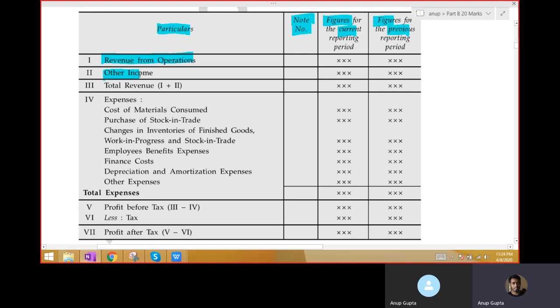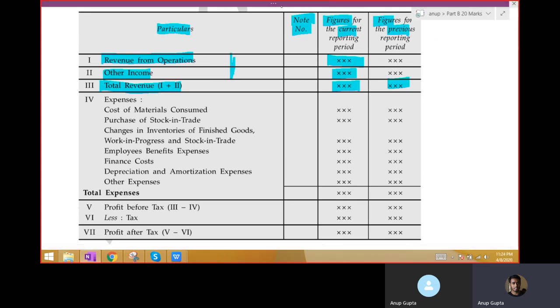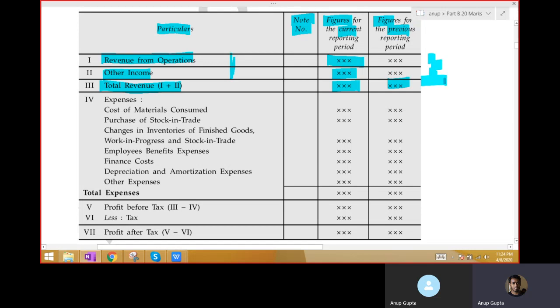We add other income to it. So adding these two is the total revenue. So we add revenue from operation and other income, and then we write total revenue here. So suppose for example, if the revenue from operation is 2 and other income is 3, we'll add 5 here and then we'll close it.